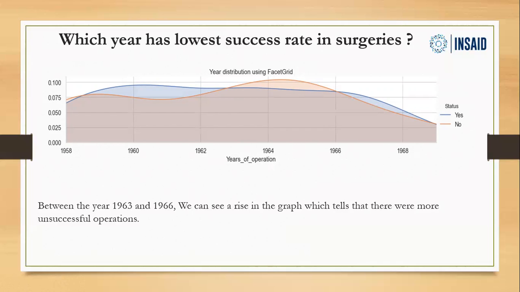But on the left side, in the year range between 1959 to 1961, we can see a steady rise of the blue region over the orange region, which denotes that the patients who had surgery in this year range had a long survival.